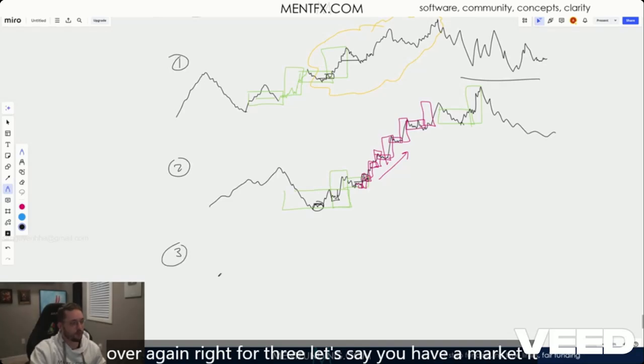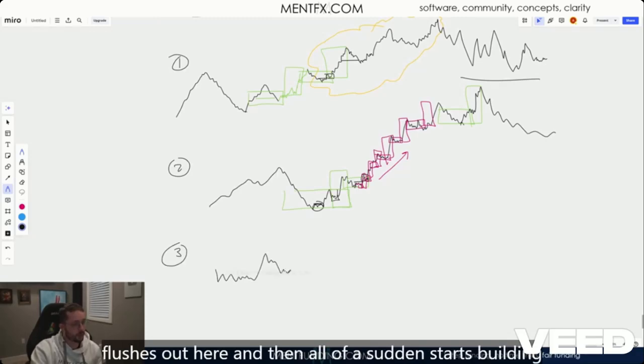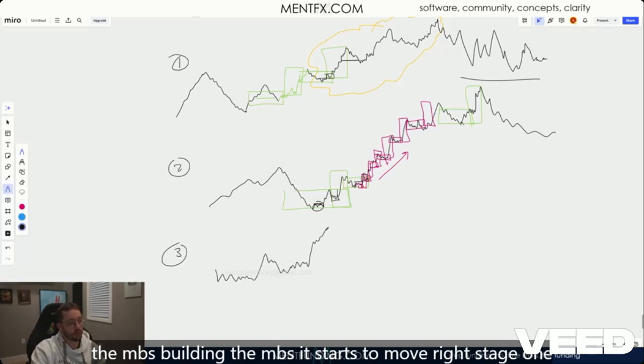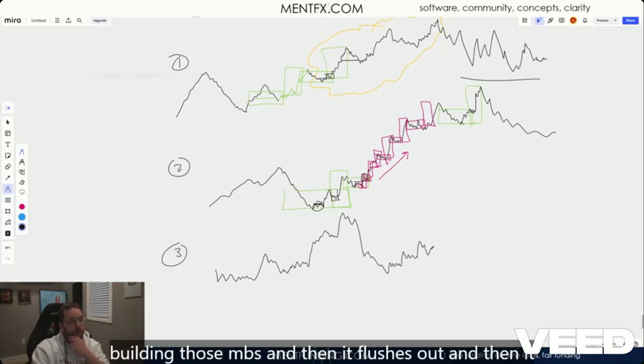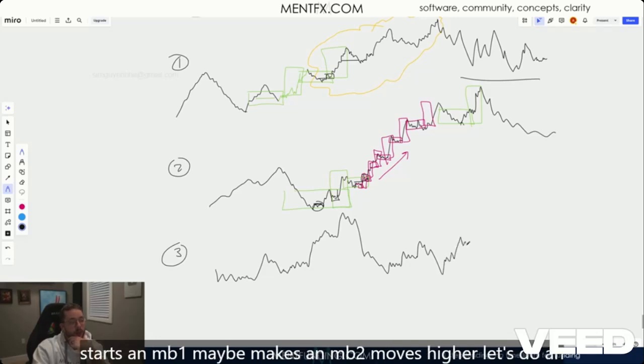For example, let's say you have a market, it starts, doing whatever, makes a move, maybe it flushes out here, and then all of a sudden it starts building the MBs, it starts a move, right? Stage 1, stage 2, stage 1, then it flushes out major, right? It starts building those MBs, and then it flushes out, and then it starts an MB1, maybe makes an MB2, moves higher. I'm just doing an example right now.